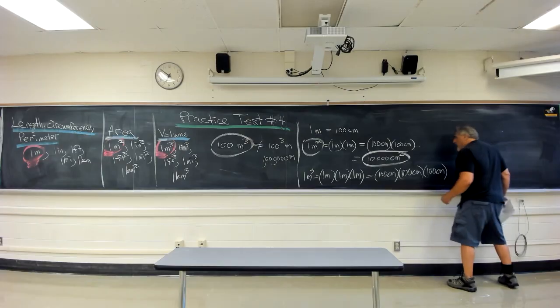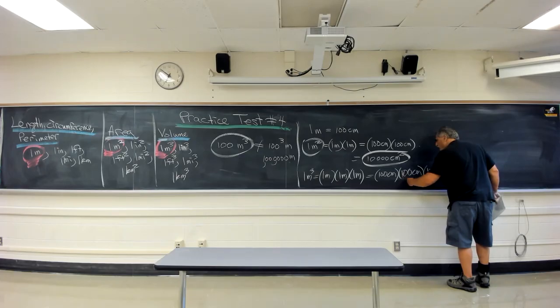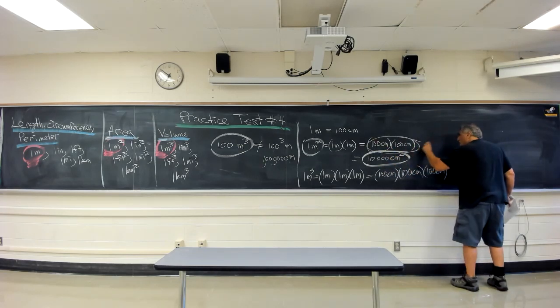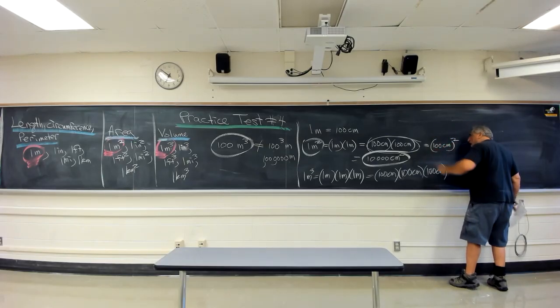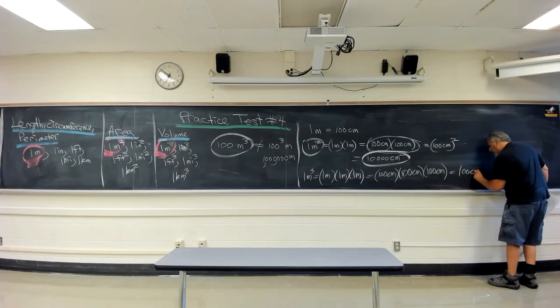This thing will be to the power 3, 100 to the power 3 to get the cubic meters; 100 to the power 2 here you're squaring, because it was a square meter. Here you're cubing this.